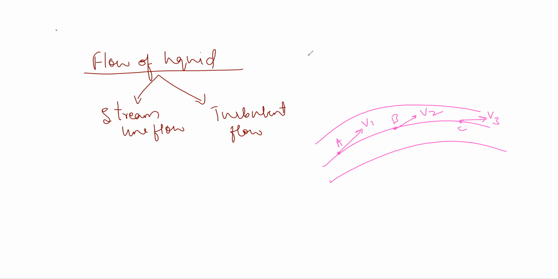As we know, flowing liquids are considered incompressible, which means the density of the flowing liquid is constant.